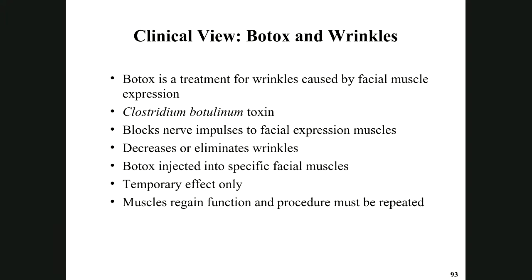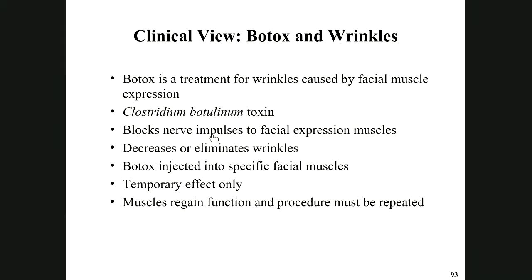The other thing which is important for this chapter is Botox and wrinkles. You know that when we have wrinkles on the surface of our face, we can use Botox as a treatment. Actually, Botox is a toxin of a bacterium called Clostridium botulinum. This toxin can block nerve impulses to the facial muscles.